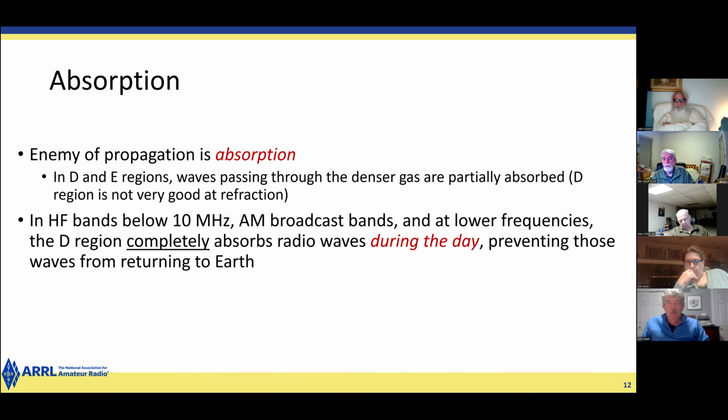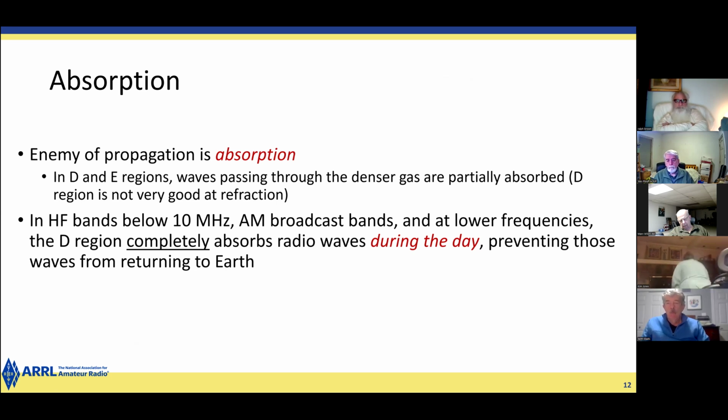In other words, by the higher density of atoms in the lower layers of the ionosphere. So below 10 megahertz or so, the D region will often completely absorb radio waves. So in the AM broadcast band, there's no skip at all during the day.